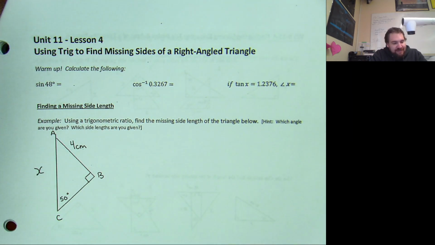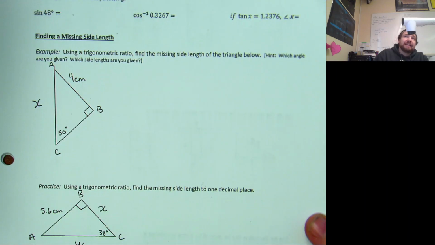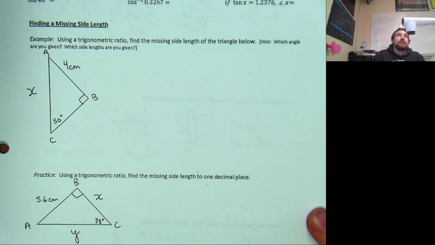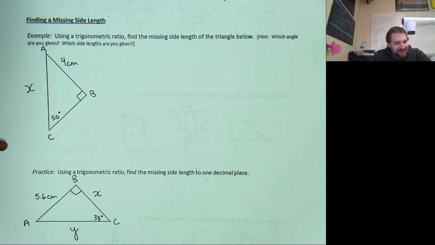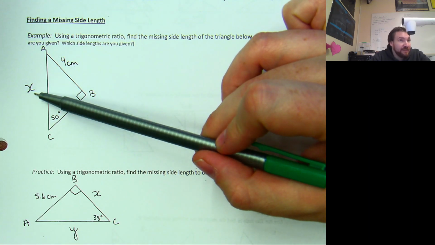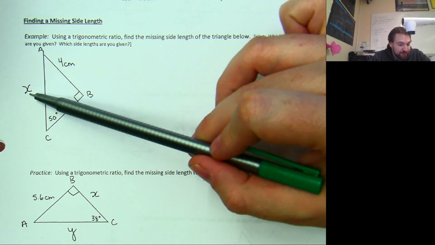The reason that this becomes necessary is because we want to start using trig for what trig is used for: setting up right angle triangles and then finding missing lengths or missing angles depending on what we're asked to find. So if I give you something like this and ask you to find the missing side length, there are multiple missing side lengths, but in this case, I've told you I want you to find side AC, which I've labeled X.